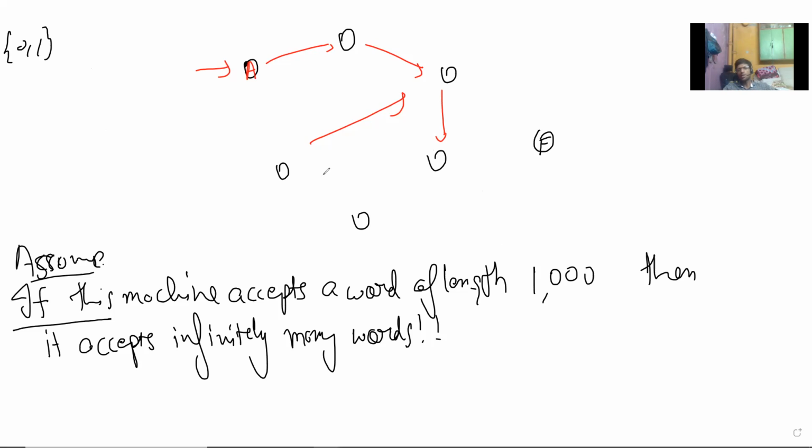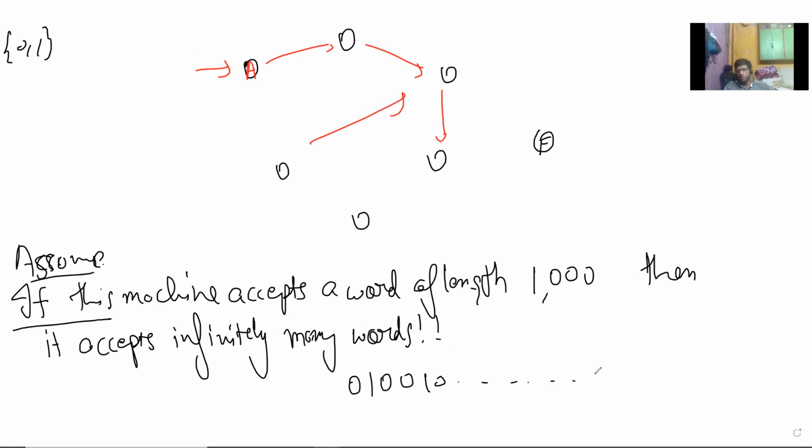Well, let's see. If you assume that it's simple, there are 1, 2, 3, 4, 5, 6, 7 vertices, 7 points. If there is a word of length 1,000 which gets accepted, then just imagine, it's all zeros and ones only, nothing more complicated.